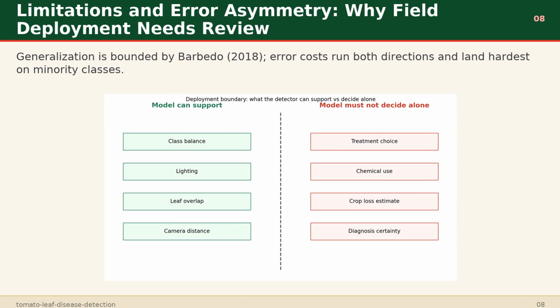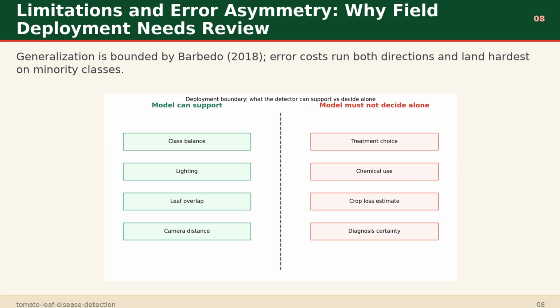Barbedo, 2018, shows that small dataset plant disease models do not transfer cleanly across growing regions, camera equipment, or disease stages, which means generalization beyond the Kaggle conditions is an open question until a field trial says otherwise. Ramcharan et al. 2017 found that human-in-the-loop validation is essential for cassava disease deployment, and I take that conclusion as binding here too.